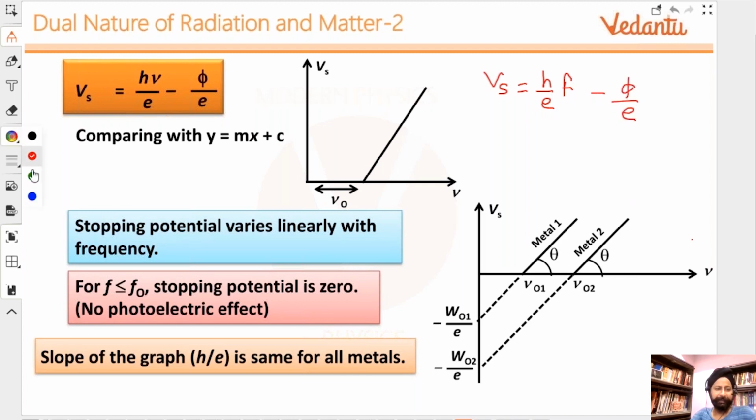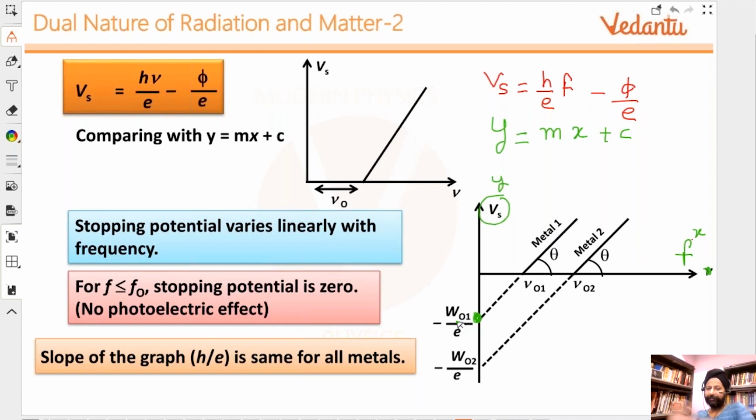Let's compare this to y is equal to mx plus c, where x is the frequency. x is something I can change. I can change the frequency here, and y is what I'm observing. So here, this is the frequency, and this is the stopping potential. This is y, and this is x. Now c is the y-intercept, but this is negative, and that is why the intercept is here. This is the work function of this particular material.